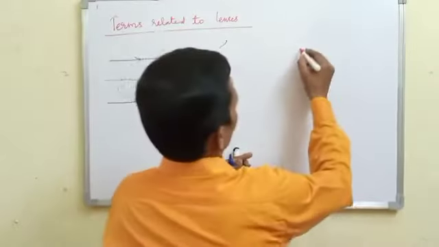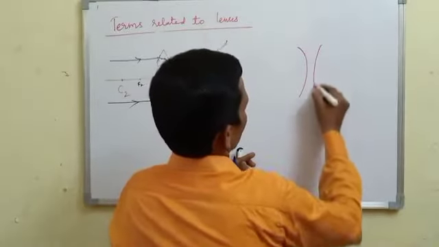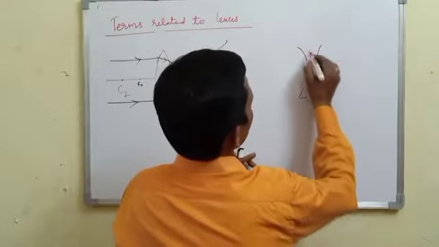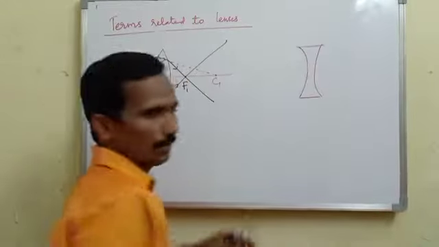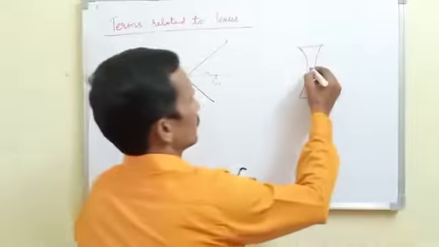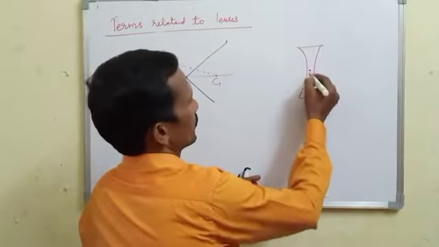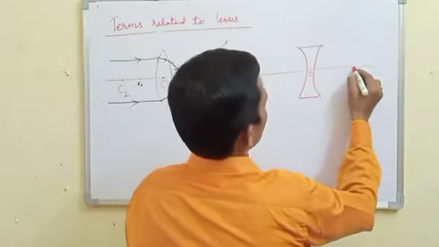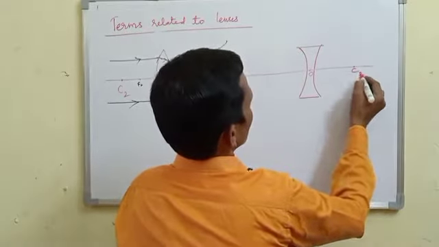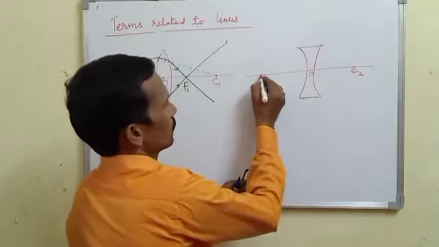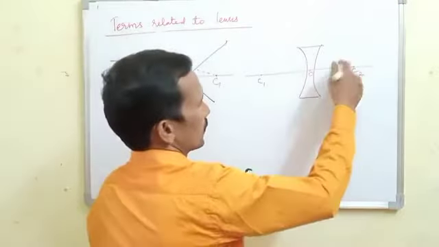Next, we look at the biconcave lens. The midpoint of the lens is called the optic center. The first curve is C1, and the second curve is C2.